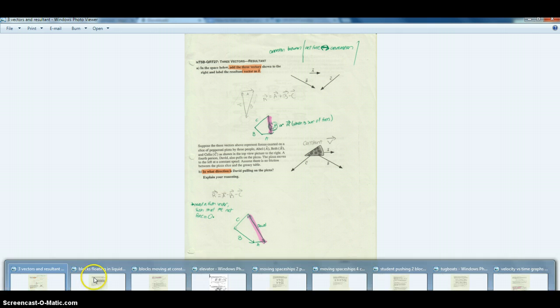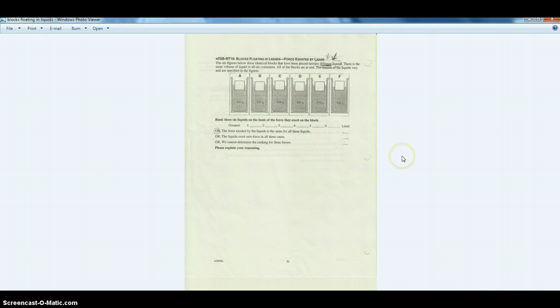Now the next worksheet is NT5B-RT10, which is the blocks floating in liquids, or force exerted by liquid. Okay, so there's 6 figures which show 6 identical blocks in 6 different liquids. That's a key phrase. Same volume in all 6 containers, but the masses vary.